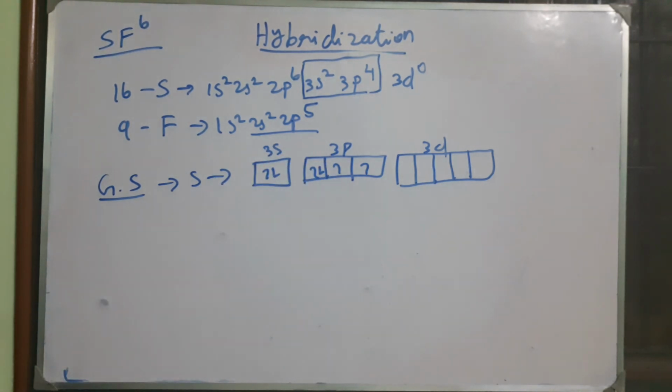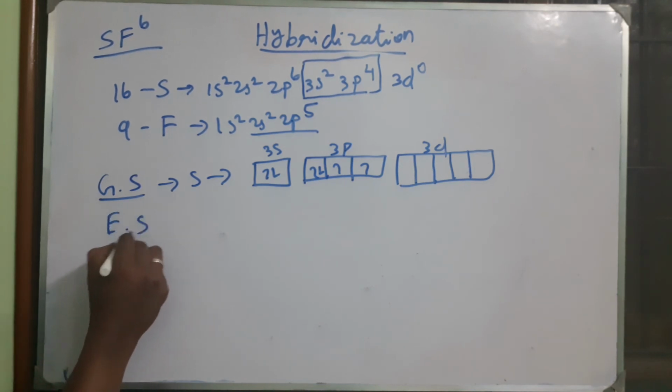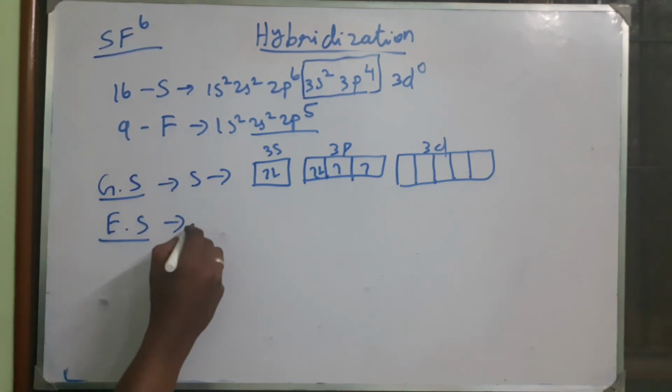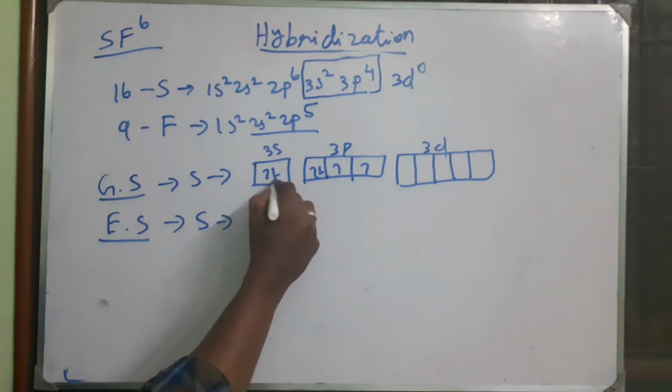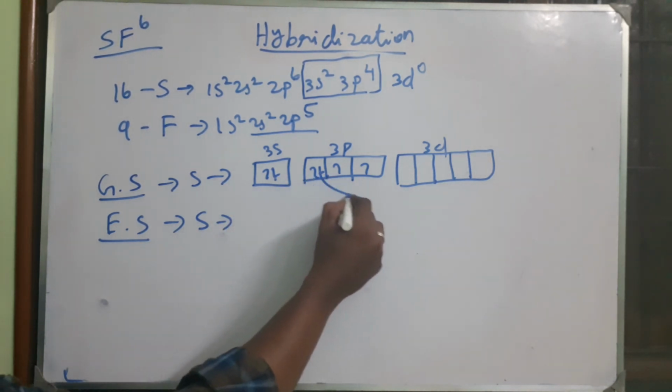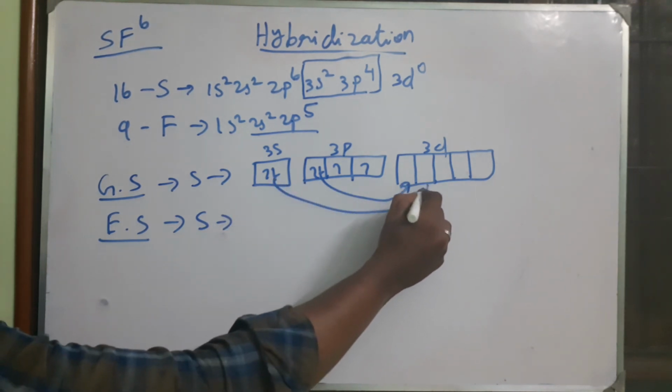So this is the ground state electronic configuration of the sulfur atom. Next, the excited state electronic configuration of the sulfur atom. So one electron transfers from here to here. Next, these electrons are transferred from here to here.